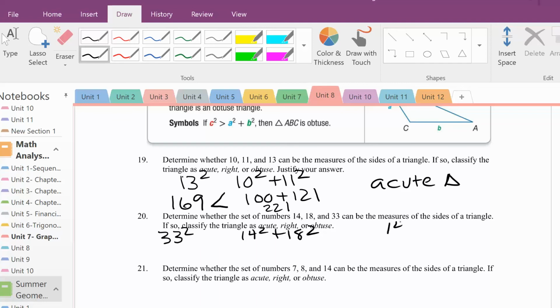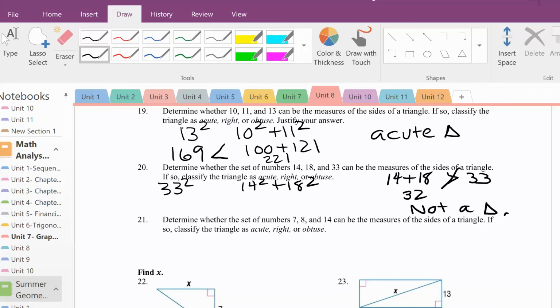Notice 14 plus 18 is 32. That is not greater than 33. So therefore, it is not a triangle. Whereas with the first set, 10 plus 11 is greater than 13, so we know that it can be a triangle. And here, 7 plus 8 is greater than 14. So yes, it's a triangle.